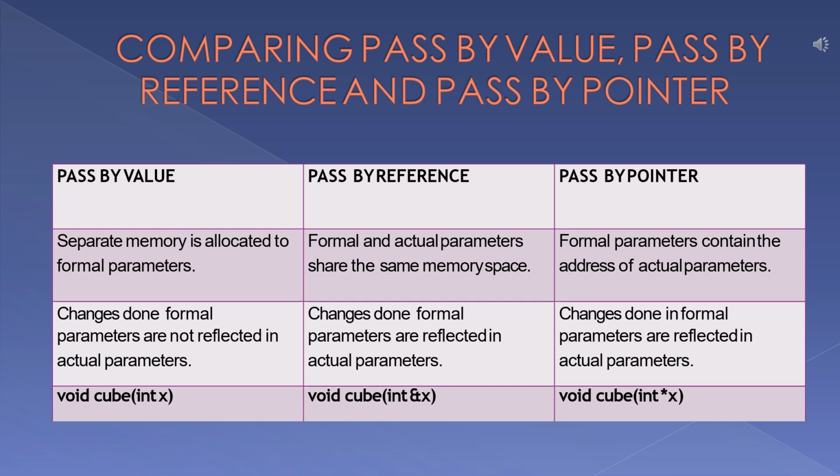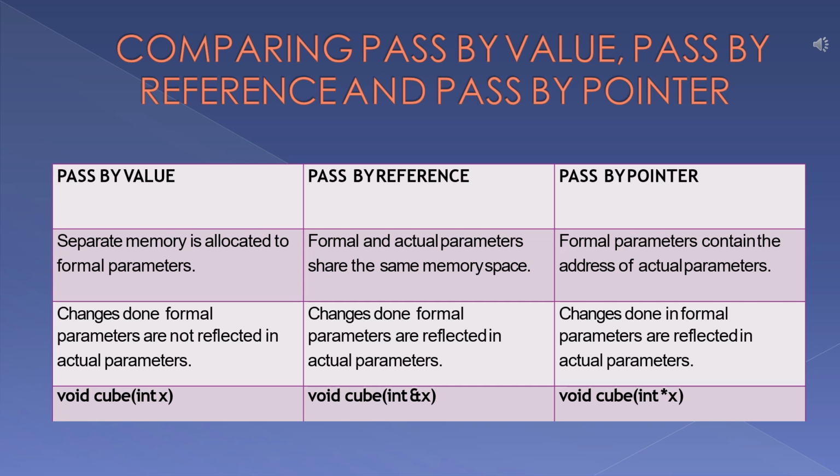In pass by reference, formal arguments and actual arguments both share the same memory space. Both are pointing to the same memory space, so any change done in the formal arguments is reflected back in the actual arguments. And the way you pass is int &x, so &x is the reference variable.